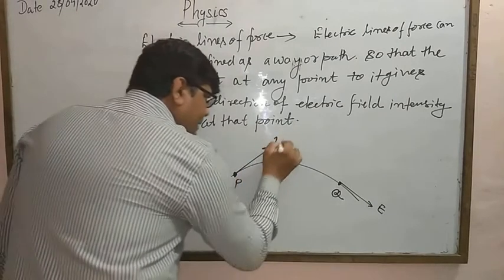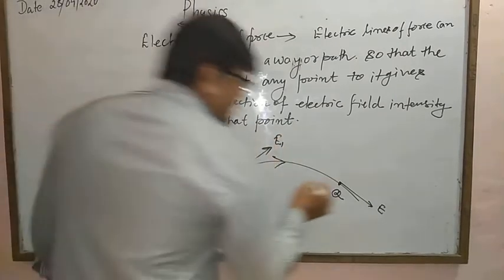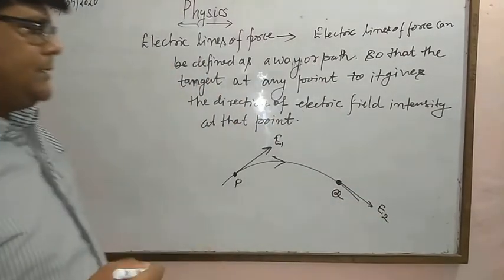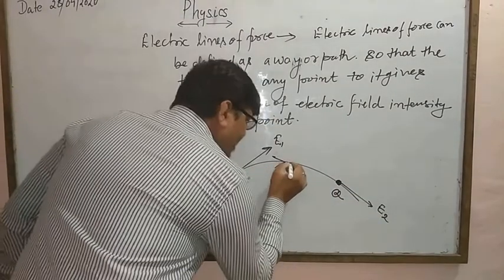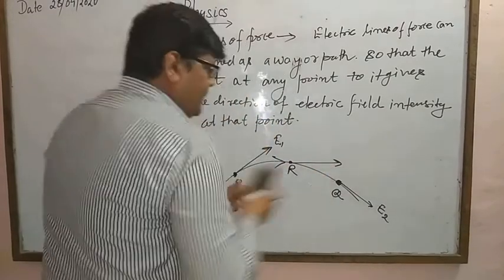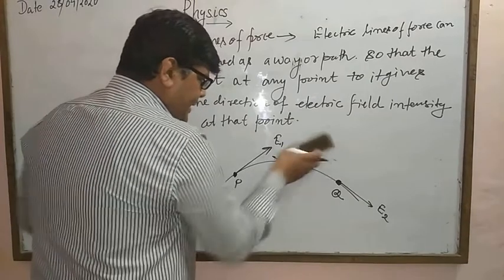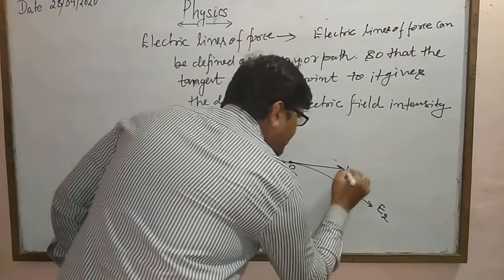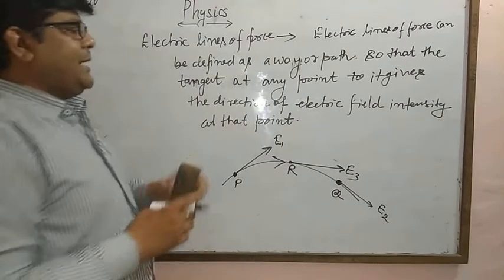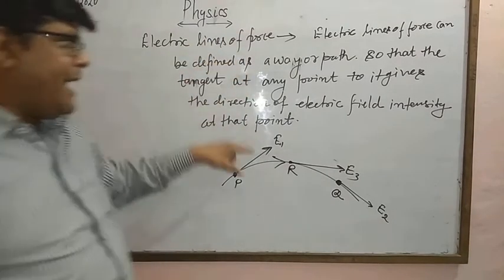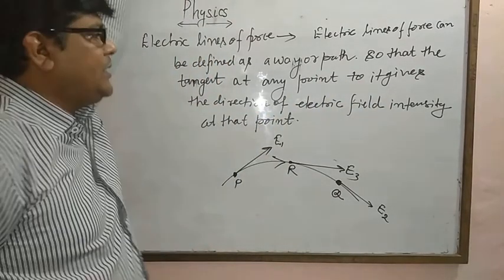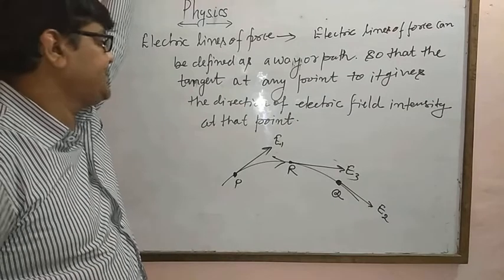At point P the direction of the electric field is E1, at Q it is E2, and at another point R the direction of the electric field is E3. These lines indicate the direction of electric field intensity or electric force.